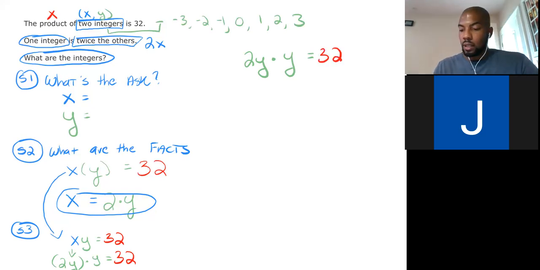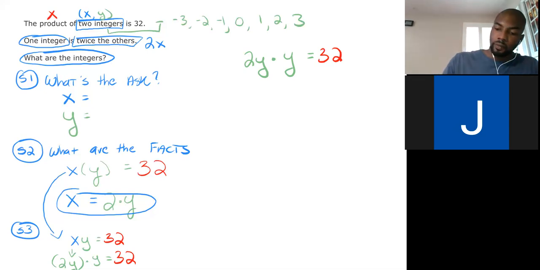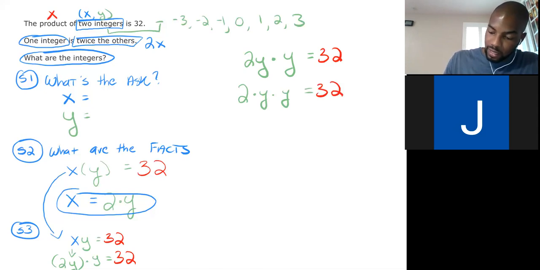All right, so now I say to myself, is there anything I can do to combine these? Yes, I can. 2 times y times y. How many y's do I have there, multiplied by each other? I have 2.